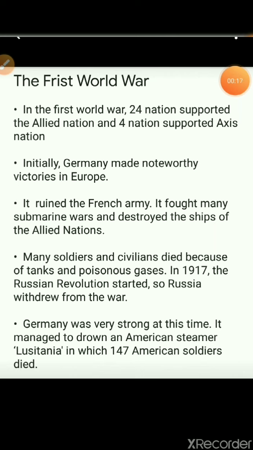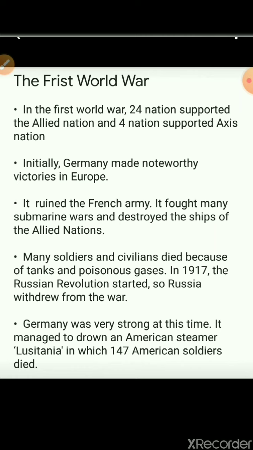Before moving with today's topic, we shall do the revision of part 1 and part 2. Okay students, when we started the chapter First World War and Russian Revolution, we began with an introduction part on how the European countries started capturing the colonies of Asia and Africa, and we have even seen detailed information about colonization in Asia and colonization in Africa. Then we saw the factors that caused the First World War.